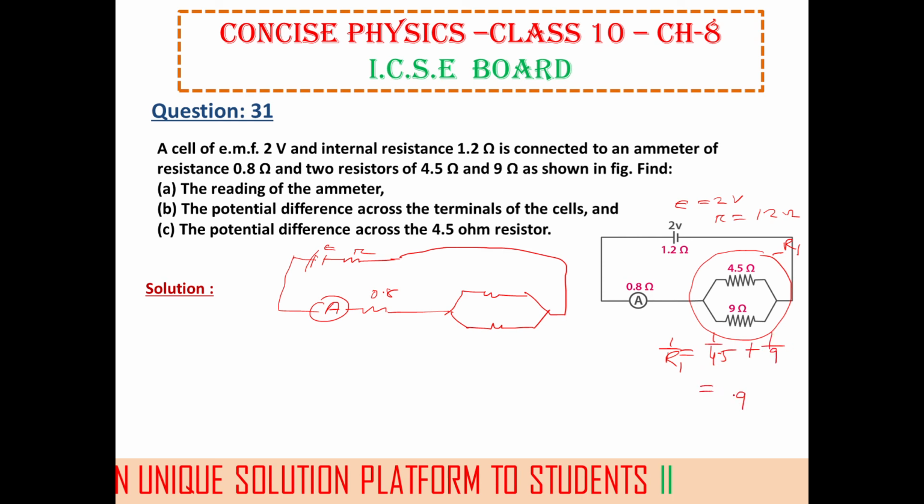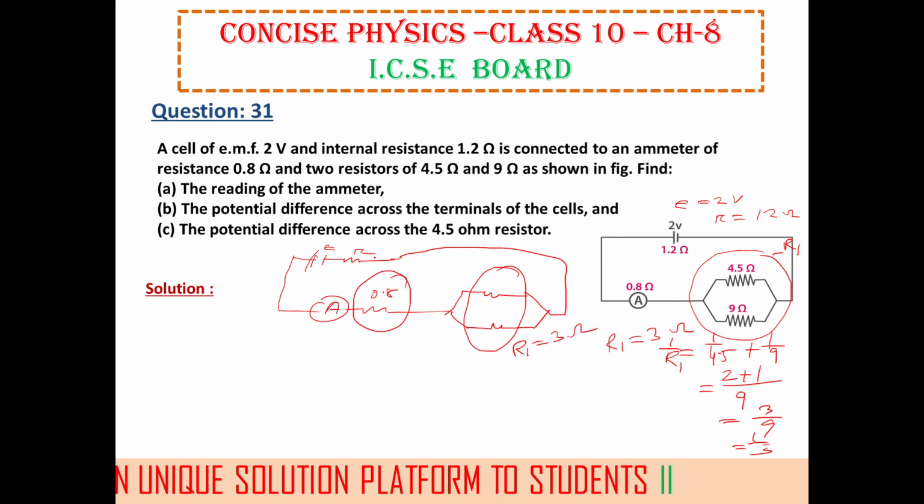On simplification it is coming 2 plus 1, it is 3 by 9 equal to 1 upon 3. So R1 is coming 3 ohm.